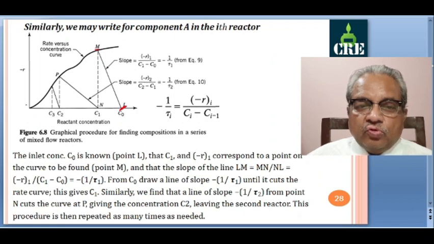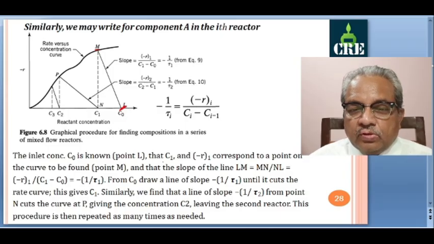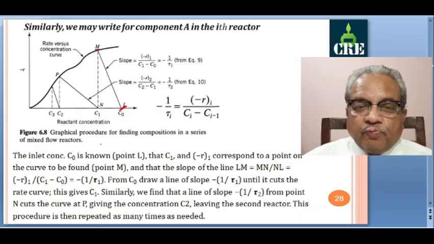If you know the rate concentration data, you construct the rate concentration curve. So by a graphical procedure you can find this. Inlet concentration C0 is known, that is point L. C1 and minus R1 correspond to a point on the curve which is to be found.